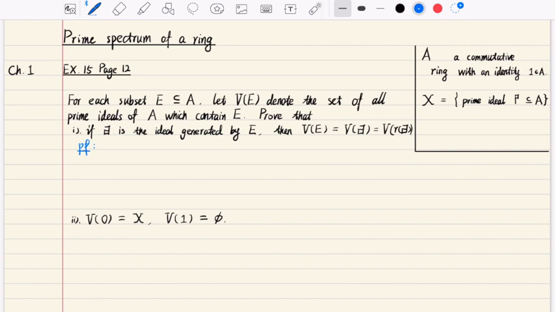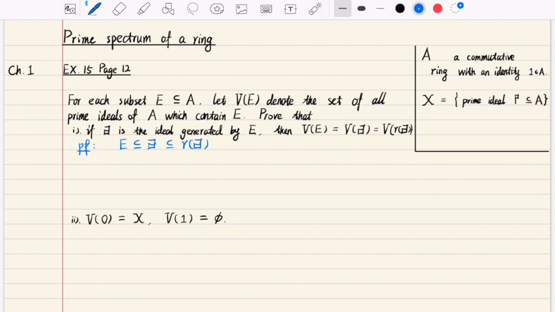We first look at the facts we need to use to prove this. The first thing is that E is a subset of the ideal A generated by E, and A is also a subset of the radical of A. And we can see that a prime ideal containing a bigger subset must contain a smaller subset.